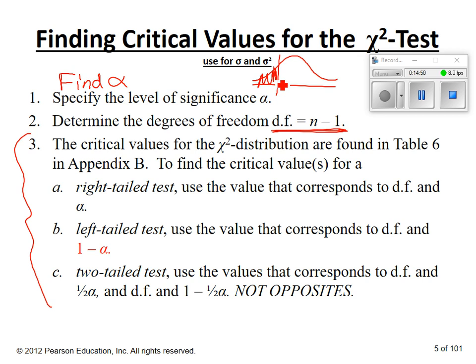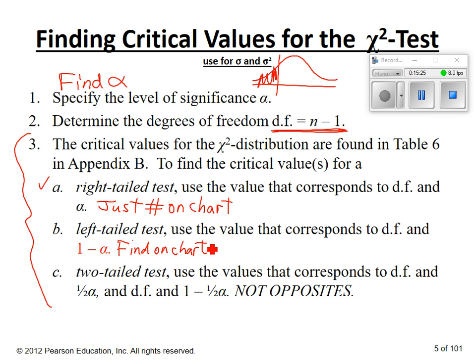So when you're finding a right tail, this one's easy. You just use the number on the chart. When you're doing a left-tailed, easiest way is 1 minus alpha, and then you find that on the chart.